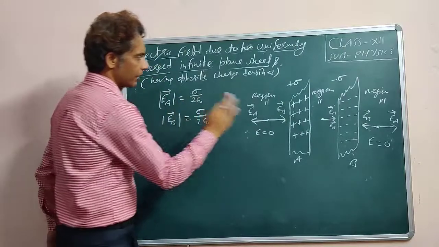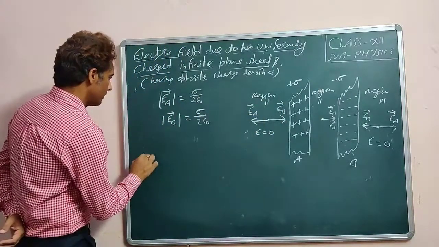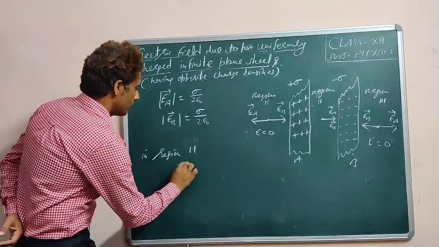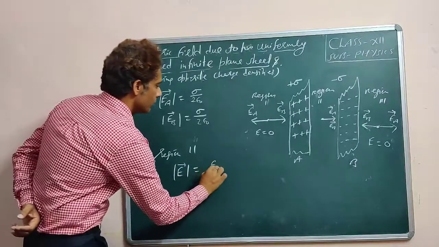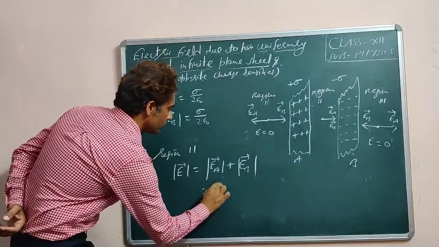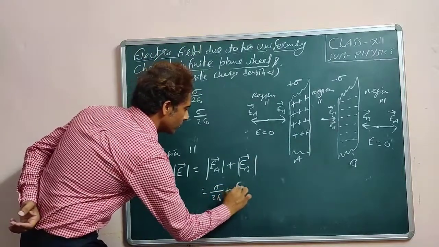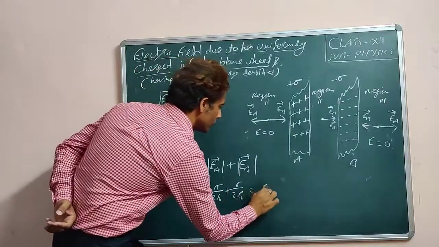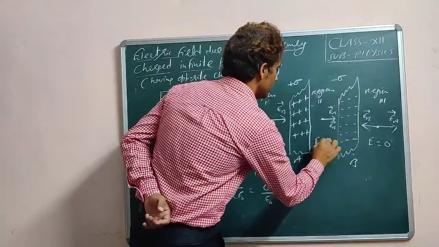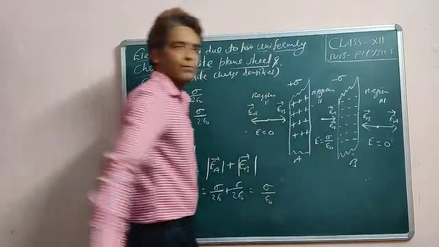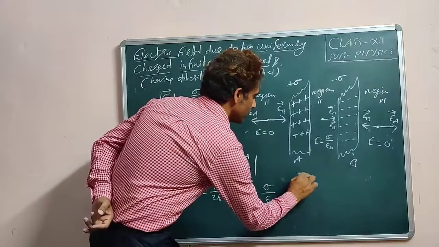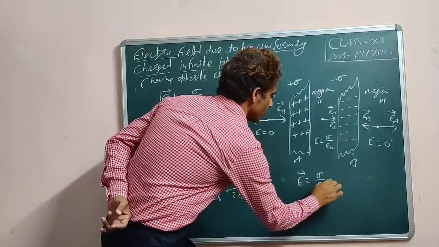So in region 2, the magnitude of electric field intensity is equal to E A plus E B, that is sigma over 2 epsilon naught plus sigma over 2 epsilon naught, which equals sigma over epsilon naught. In vector form, E is equal to sigma over epsilon naught.